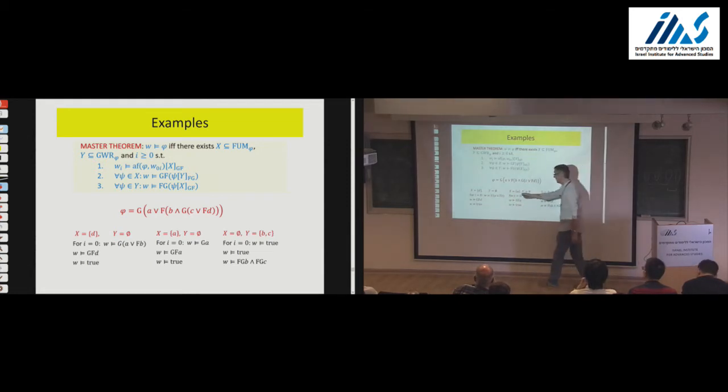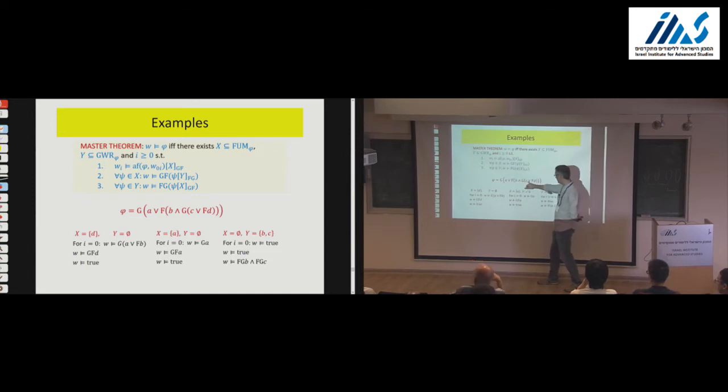Another possibility is that you get A and the empty set. This means that now you have to check GFA, and actually this is not going to help you very much, because the formula you have to check is this. So in this case, what you are going to do is replace the FD by false, right?